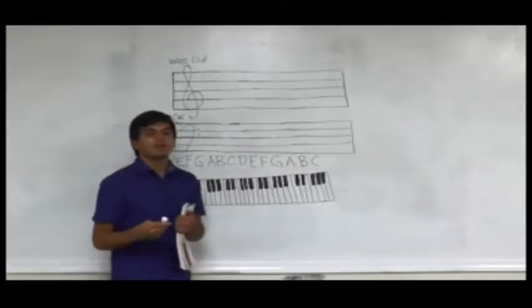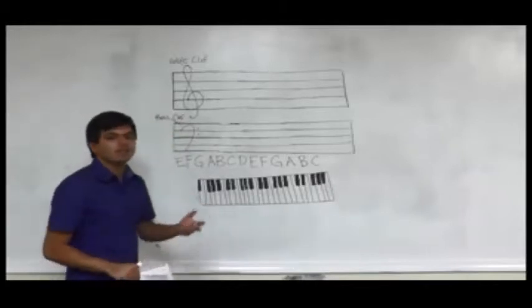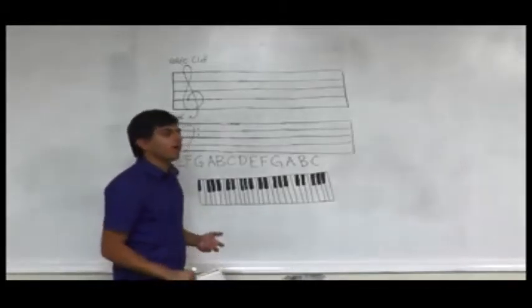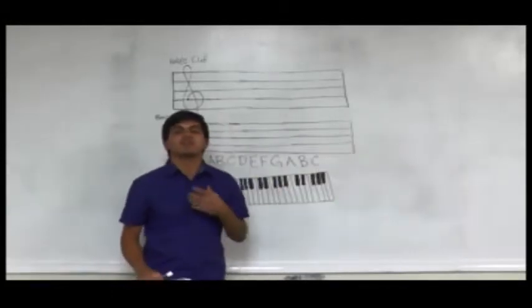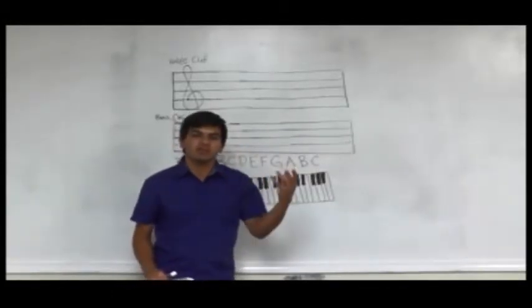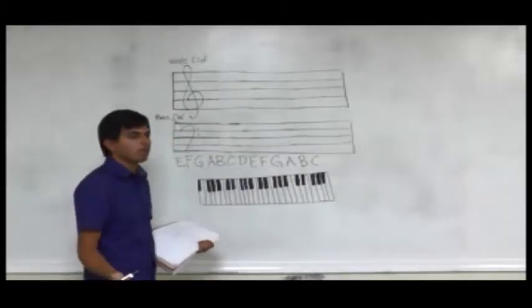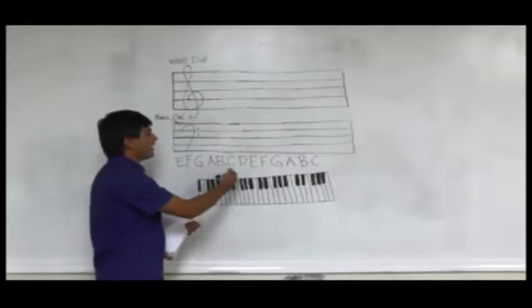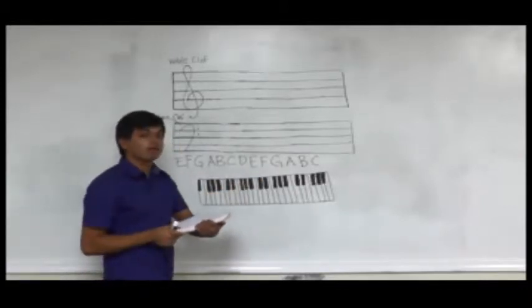We don't necessarily write for whales, so you're not going to get an infinite amount of pitches on either side. You can only hear what your ear can hear. But basically, A through G repeats itself over and over again. So that's our musical alphabet there.